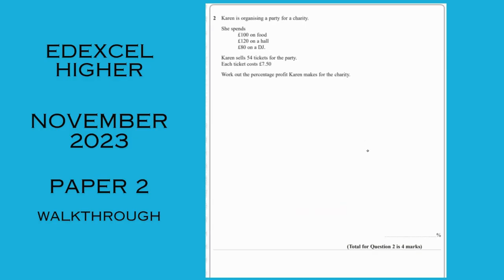So we've got a percentage profit question. So first job, she spends 300. 54, this is where we get the calc out for the first time. 54 lots of £7.50 mean Karen is making or taking £405.